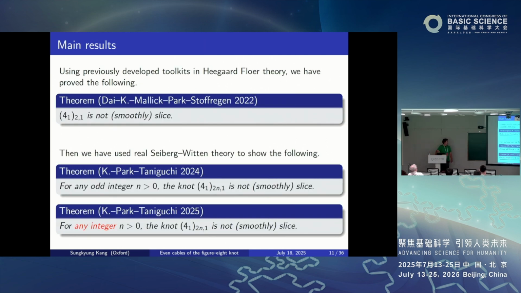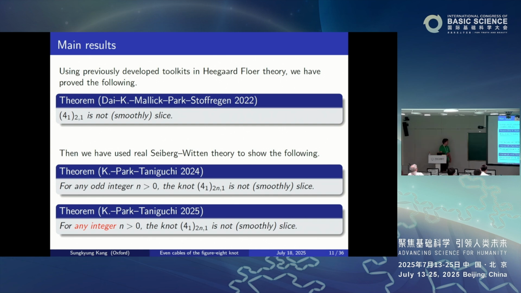Okay, so what are the main results? The first step was that using some toolkits in instanton Floer theory, which I'm going to very vaguely discuss, we proved that this simplest one, the (2,1) cable of the figure 8, is not smoothly slice. But that was not all. Then things made an interesting turn. Instead of instanton Floer theory, which had clear limitations that I'm also going to discuss, we changed our strategy.